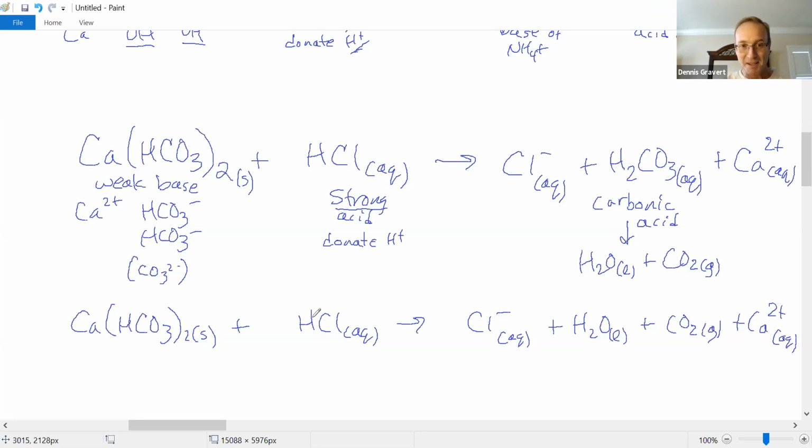And because there's 2 of them in here, let's already provide 2 H+, 1 for each of the bicarbonates. Cool. Okay, and then let's just start checking things. How many calciums do we have? 1 of each. Cool. How many hydrogens do we have? I got 2 here, and 2 more is 4. Well, I only have 2 over here, so why don't we put a 2 there? So hydrogen's balanced.